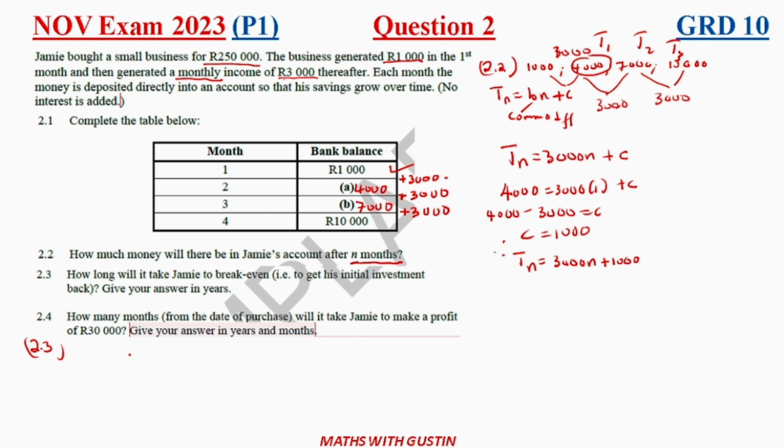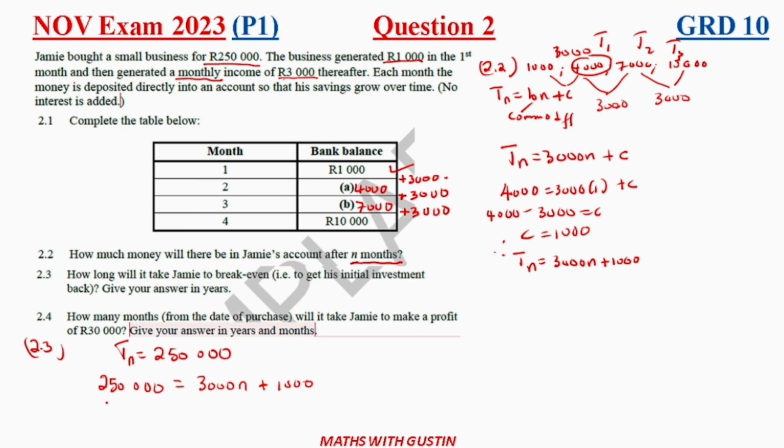Okay, so now it means our Tn will have to be equal to 250, and then we need to find n. Right, so therefore it's going to be 250, 123 equals 3000n + 1000. All right, so now we're looking for n.